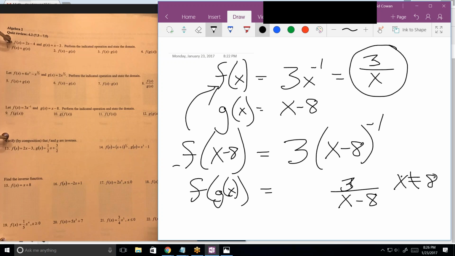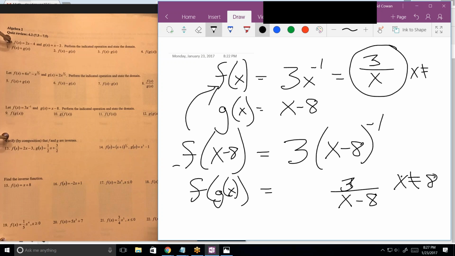Can't also be 0, right? 3 over x: x can't be in the denominator as 0.